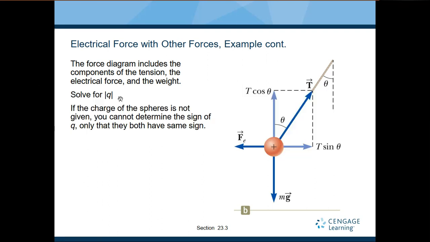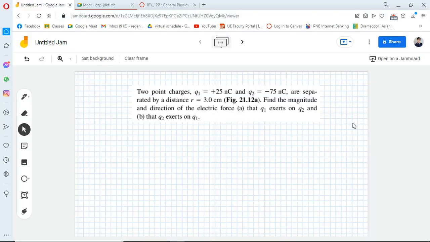Now, I want to give another example regarding the utilization of Coulomb's law in different problem solving. Let us consider this example. You have 2 point charges, Q1, which is equivalent to 25 nanocoulomb and is positive, and Q2, which is negative 75 nanocoulomb, and is negative.